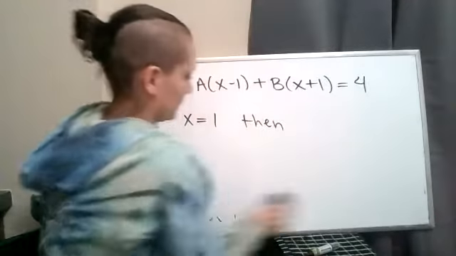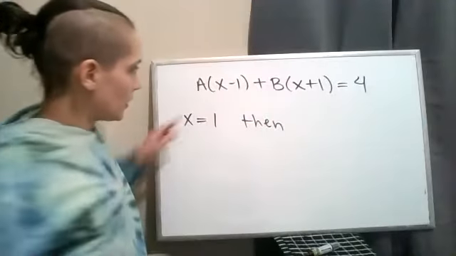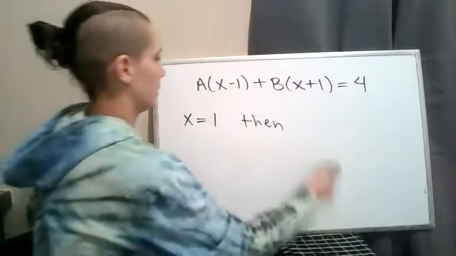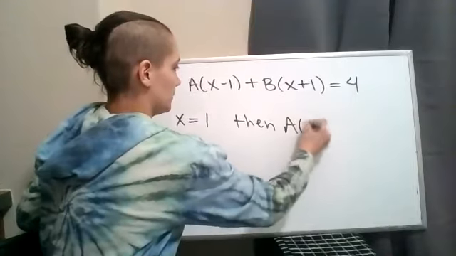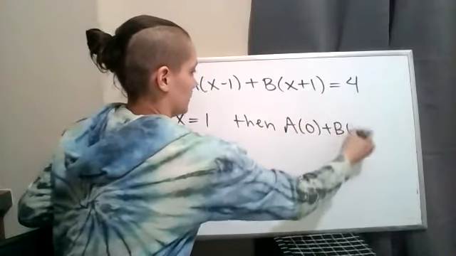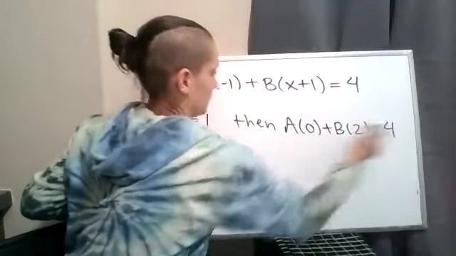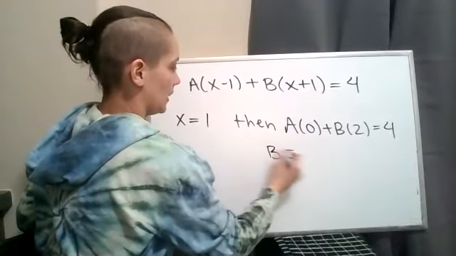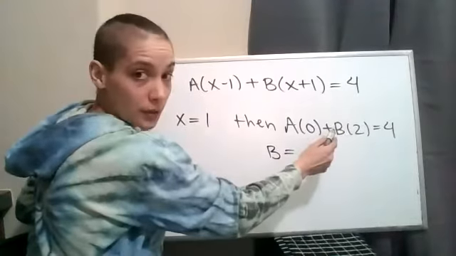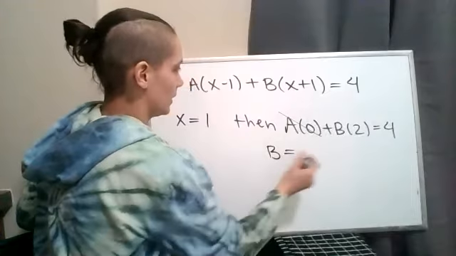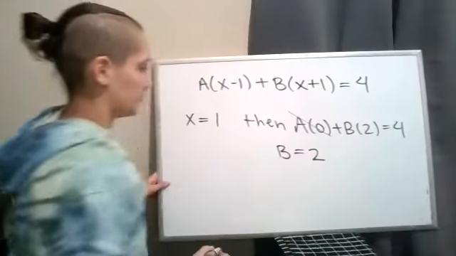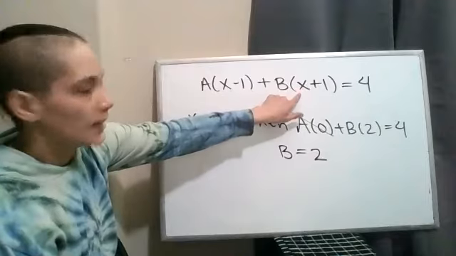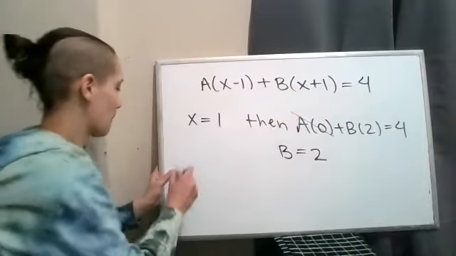So that would be a times 0 plus b times 2 equal to 4, and you'll get b equal to 2.